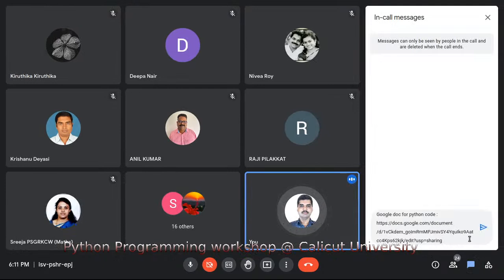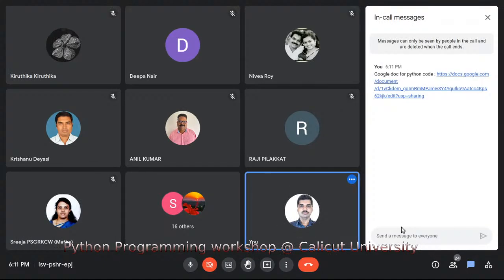So the Google Sheet where I'm going to paste the Python code is here.